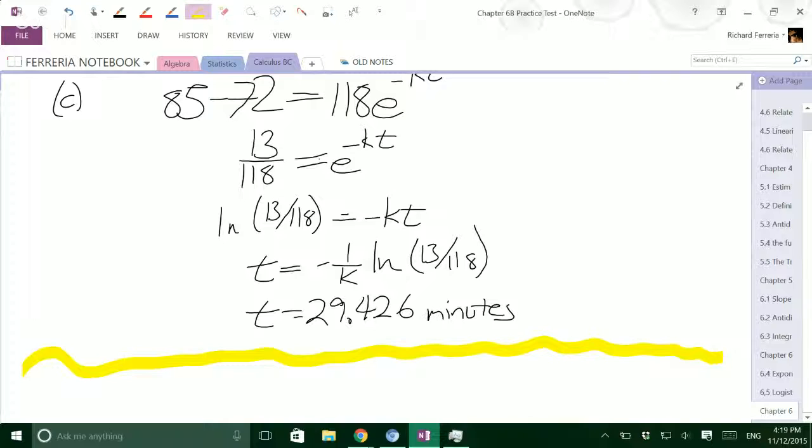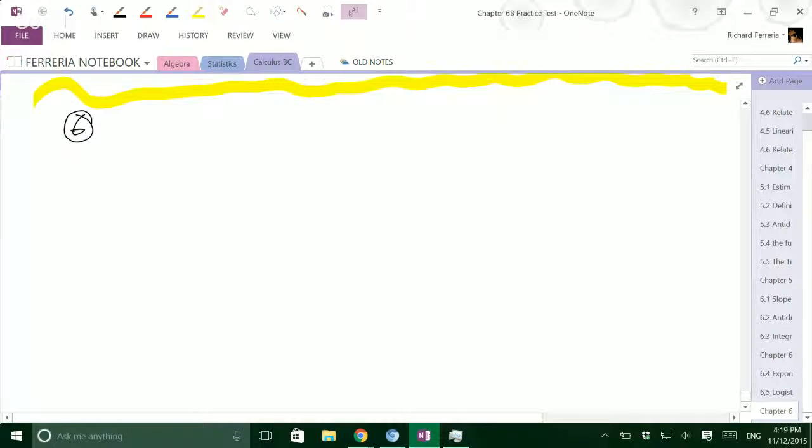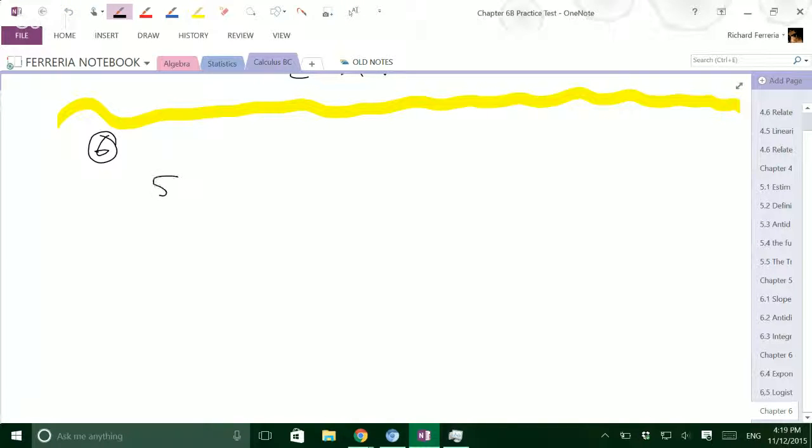Okay, so I think we should go to 6. This says non-calculator, suspiciously. Okay, part A is a partial fraction decomposition, no problem. 5 over t squared minus 3t minus 10. Might as well factor that, right? It's t minus 5, t plus 2.